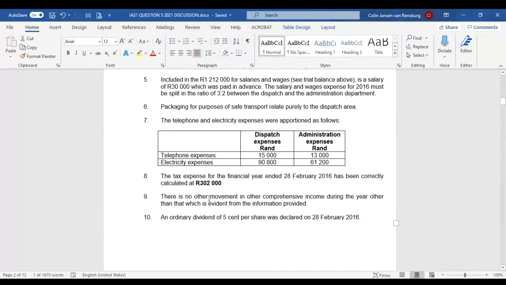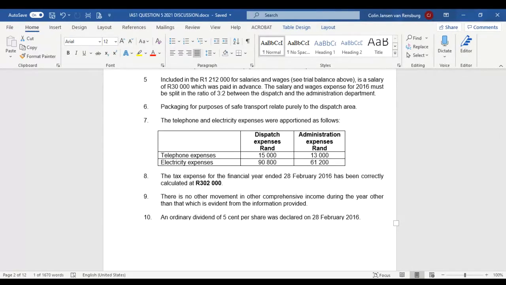Paragraph 9, they say there is no other movement in other comprehensive income during the year other than that which is evident from the information above. Okay, time for a little pause and to test you again. They say no other movement in other comprehensive income during the year other than that which is evident from the information provided.